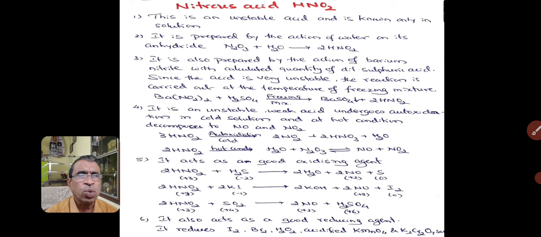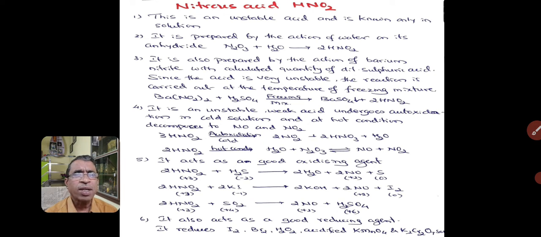It changes to sulfur, whose oxidation state is 0. Therefore, the nitrous acid acts as an oxidizing agent. Similarly, it acts as an oxidizing agent to oxidize potassium iodide to iodine and also sulfur dioxide to sulfuric acid.